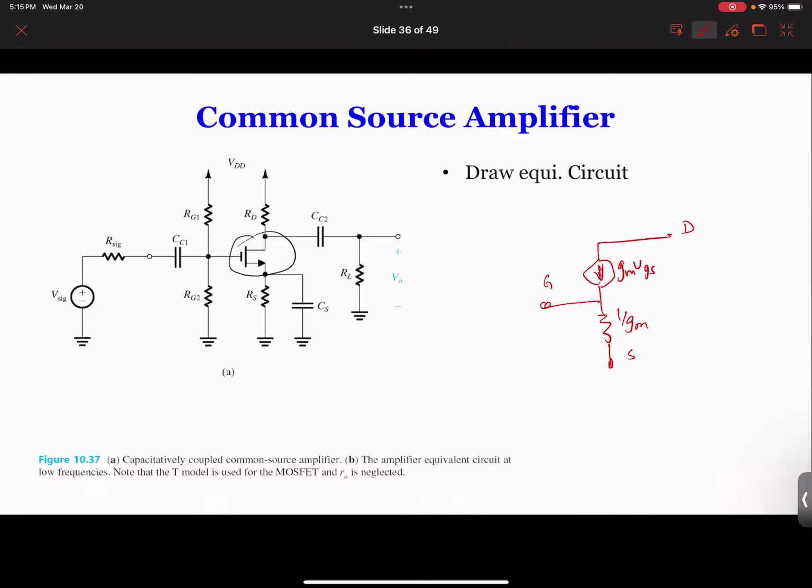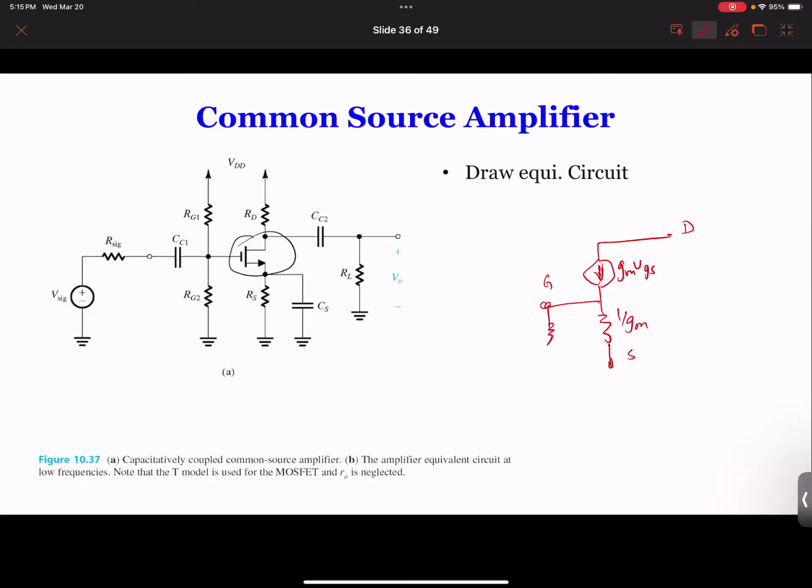Now you look at what is connected to each of the terminals. Let's start from the gate. When you come out of the gate, you see what? Two resistances. That's the biasing resistance. Both resistances now are going to be ground, right? Because the top DC is a ground.